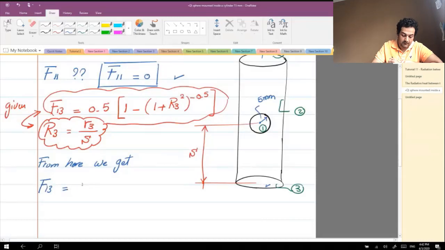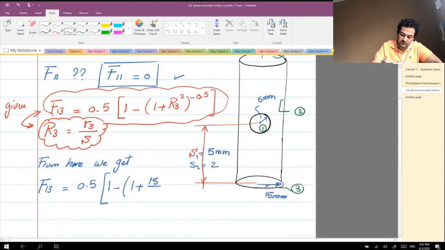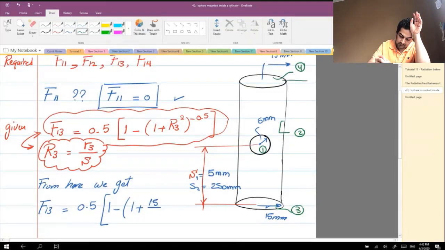He told you to use in an initial case a distance of 5 millimeters, and in another case S2 is 250 millimeters, while the length L of the cylinder is 500 millimeters.